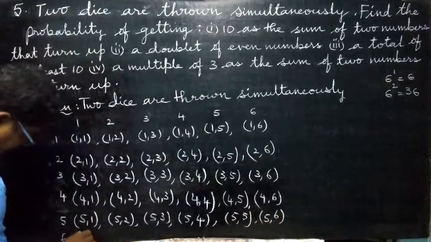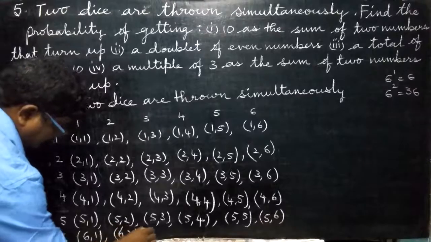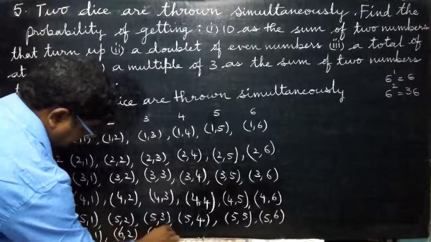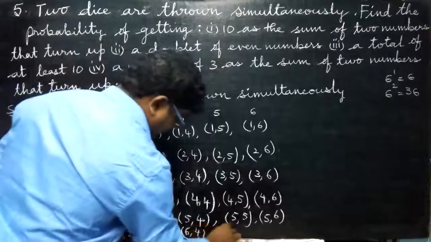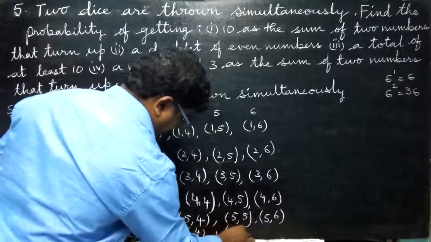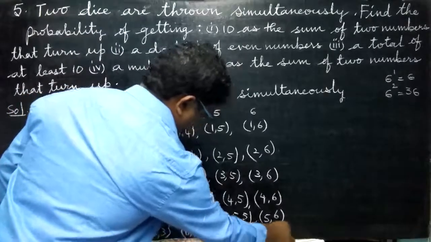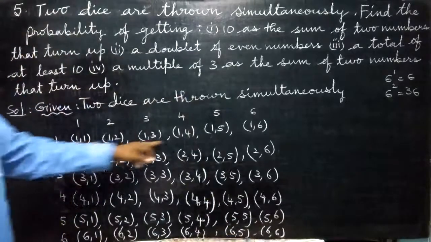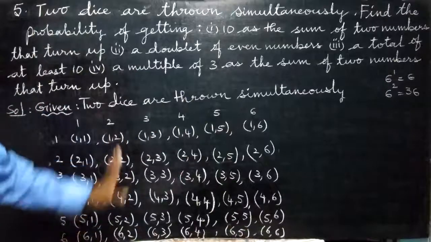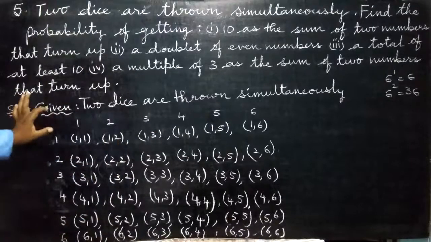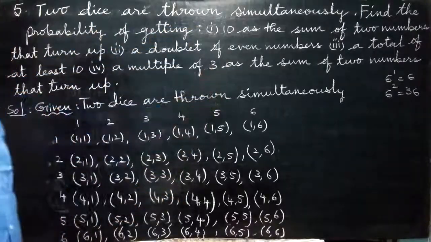Next 6 comma 1, 6 comma 2, 6 comma 3, 6 comma 4, 6 comma 5, 6 comma 6. So how many ways came? 36 came, you see. 6 sixes are 36. This is the way of getting when two dice are thrown simultaneously, 36 ways. Are you able to follow?